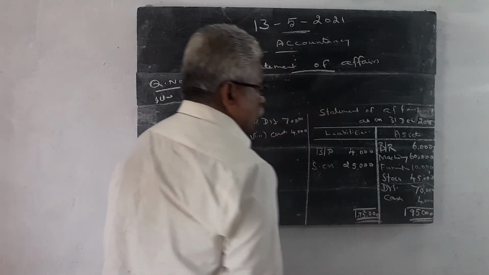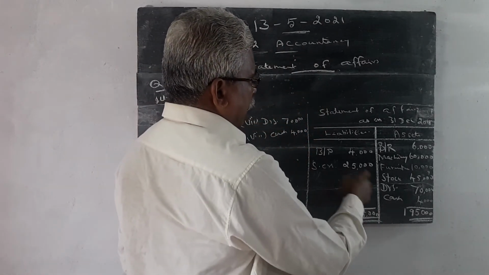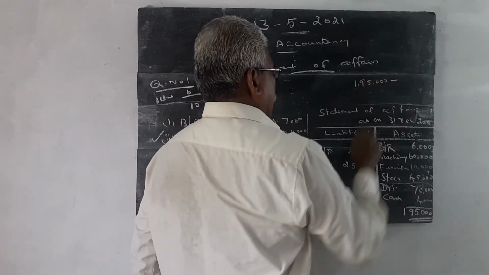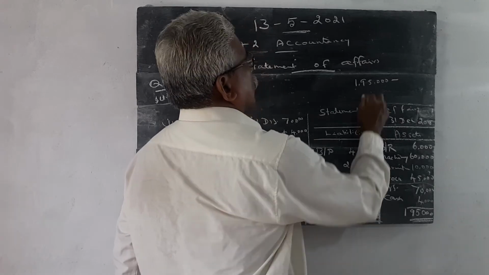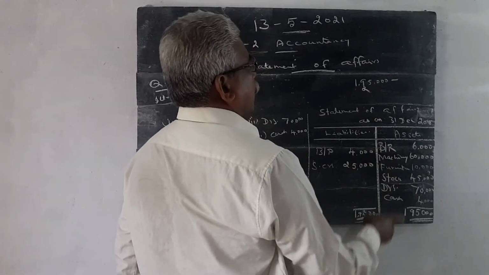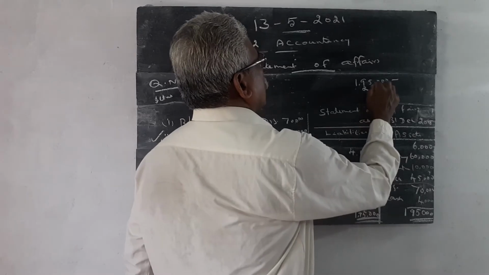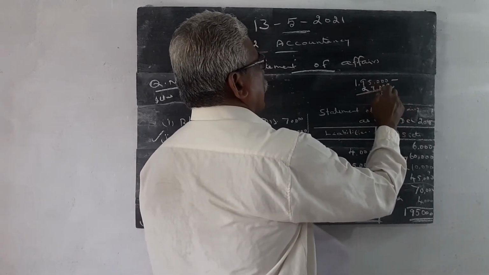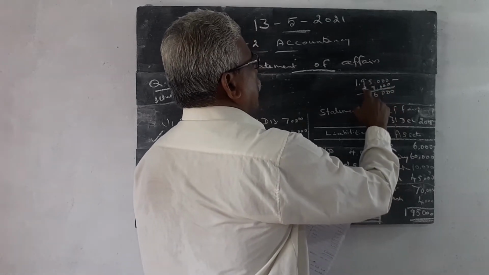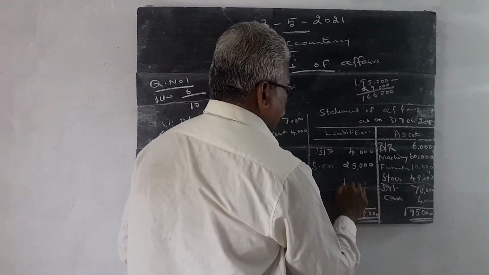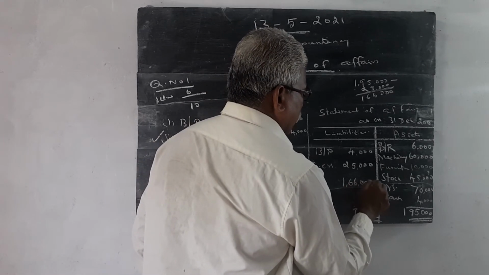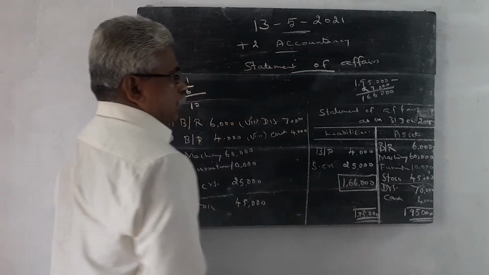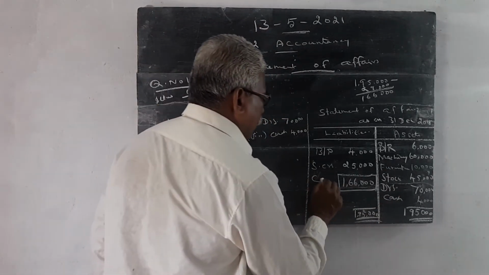Then 1,95,000 minus 29,000. 15 minus 9 is equal to 6, 8 minus 2 is equal to 6. The answer is 1,66,000. This amount is entered in the column. Then here we write capital.